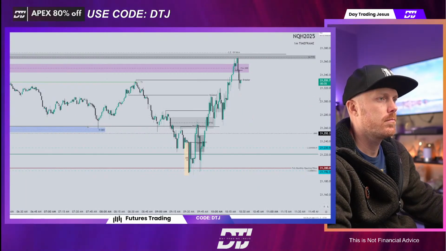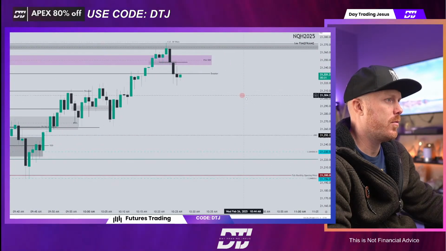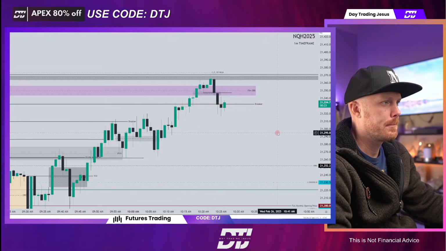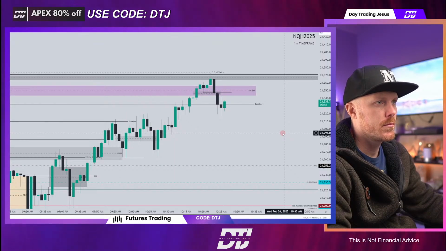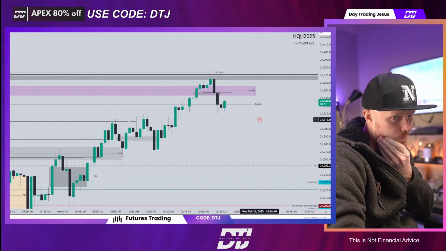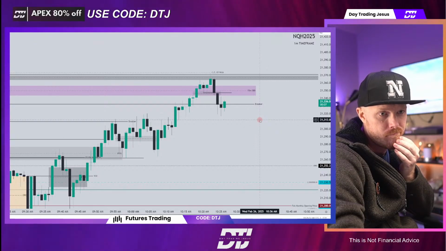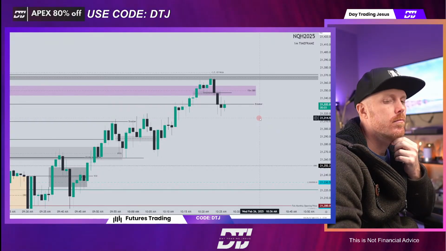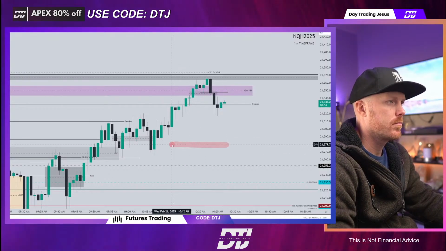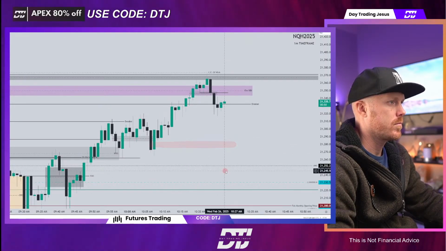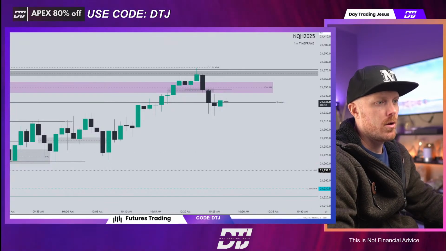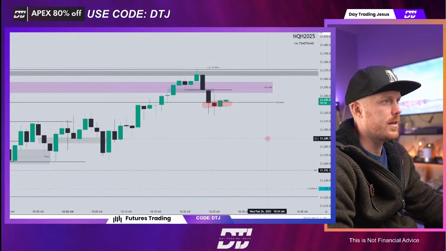It's tough. But this is where I think we see that breaker. I think we can see the continuation from right here. Discount is way down here. I don't like taking trades at around 10:30, so I'm not going to take this.